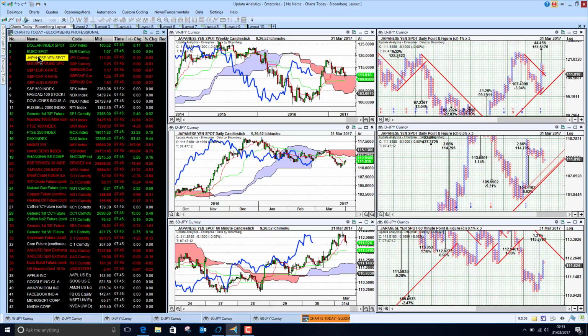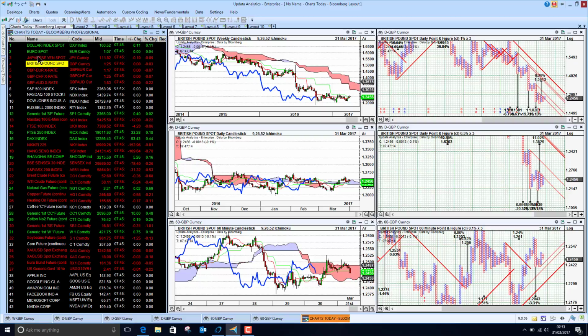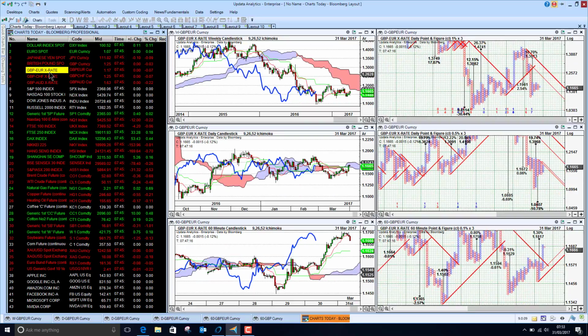Taking a look at the Japanese yen, we're seeing the dollar strength there, and on sterling, we're seeing it as well, just below the cloud here at the 124.50 level. So we do have this downside target to 120, but we've got to fall really through 124 probably to activate that, so just keep an eye out on that.